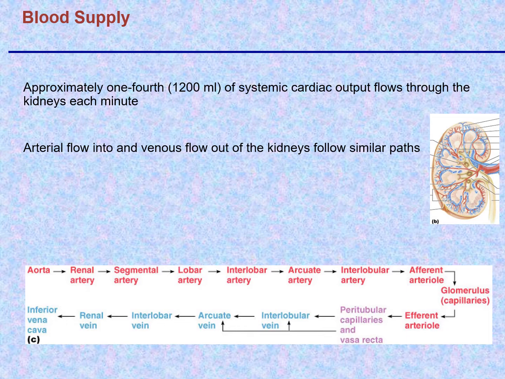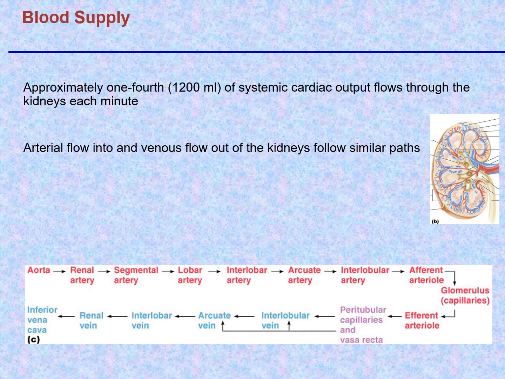Approximately a quarter of the total cardiac output goes to the kidneys. Cardiac output is about 4.8 or 5 liters per minute usually.